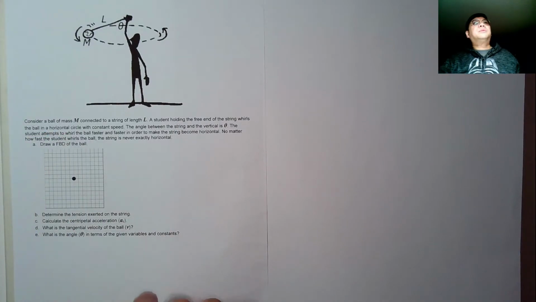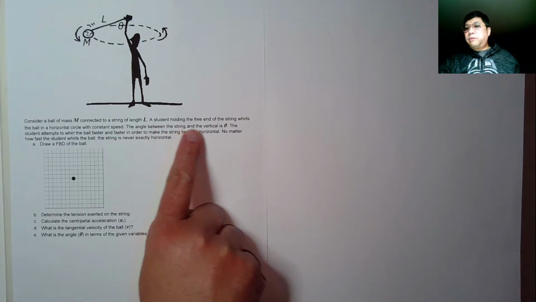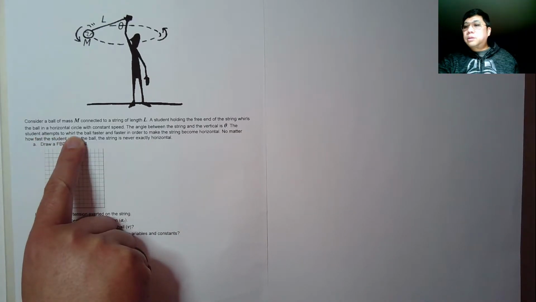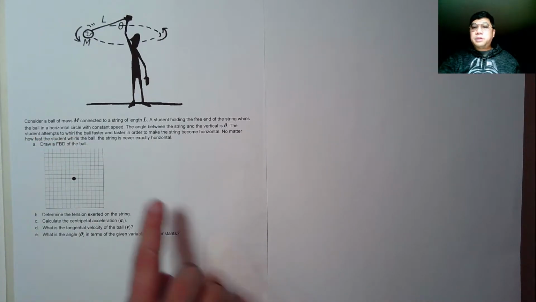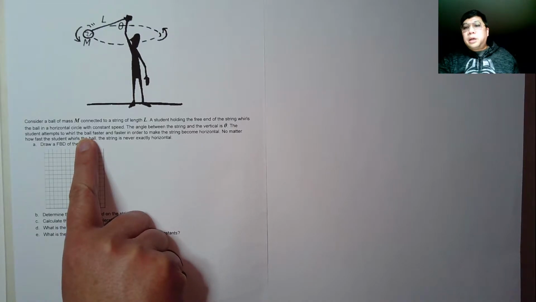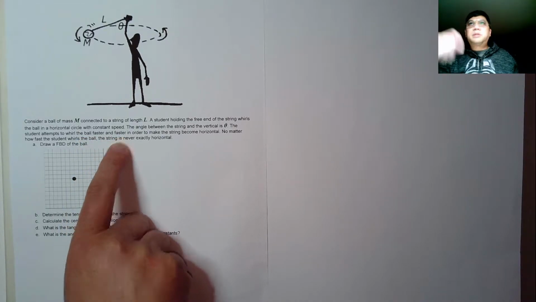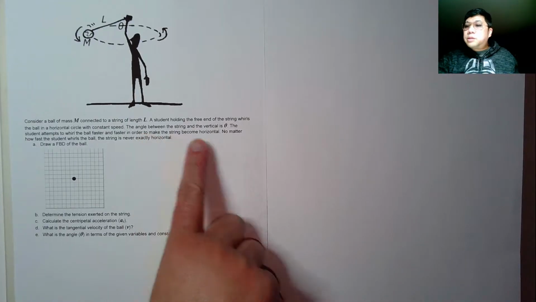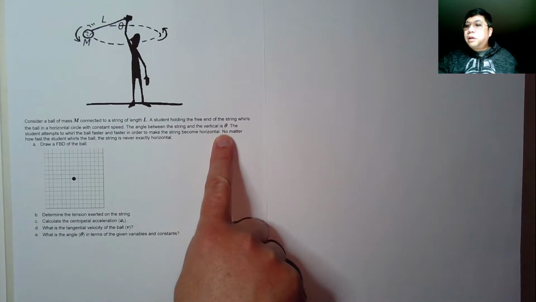Now, reading this problem, it says that a ball M is connected to a string of length L. A student holding the free end of the string whirls the ball in a horizontal circle, just like what I mentioned, with constant speed. The angle between the string and the vertical is theta.